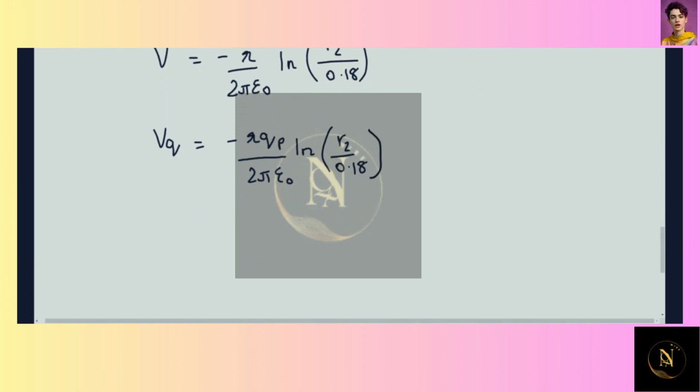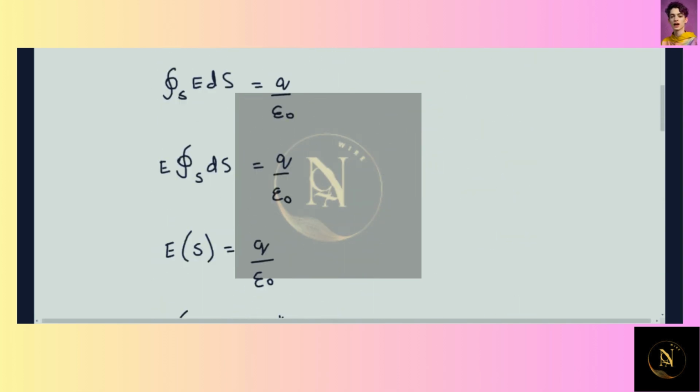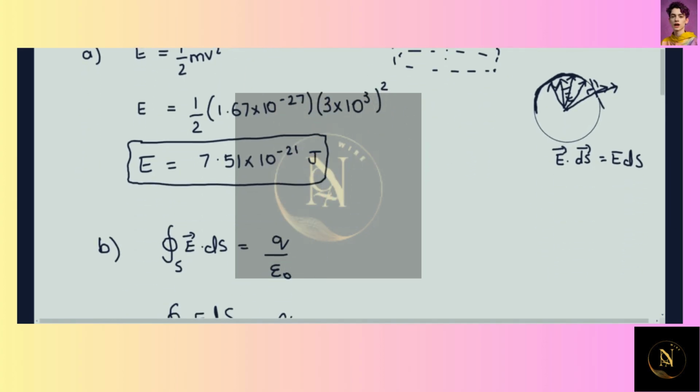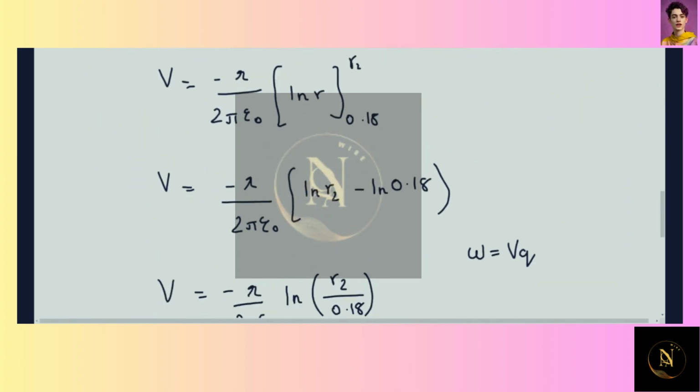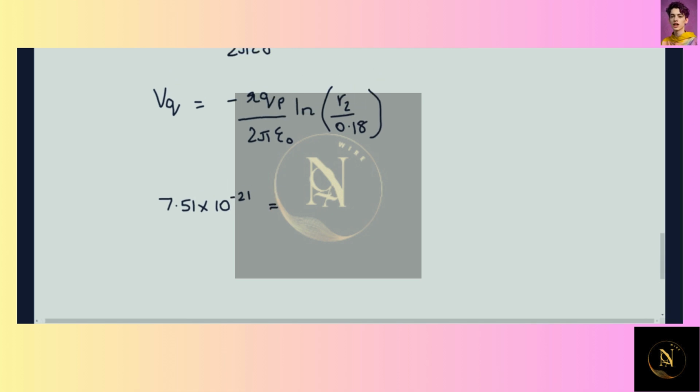Now the total work done at the final point will be equal to the kinetic energy that we just calculated in the previous part. So 7.51 into 10 to the negative 21 joules. So all of the kinetic energy, 7.51 into 10 to the negative 21 joules, will be converted into potential energy.